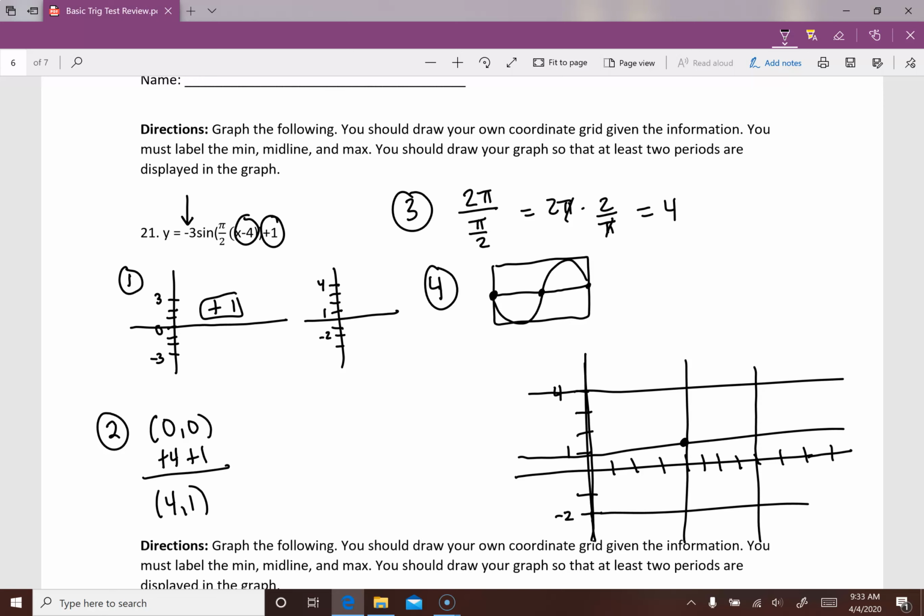So here's my midline. I'm going to start in the middle. So I've got to go down, hit here, up to there. And I'm going to do the same thing here. So I'm going to go down first, then up, and then up, and then down. And it's a good idea to also draw your arrows as well. Perfection.